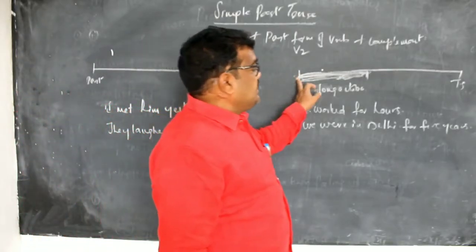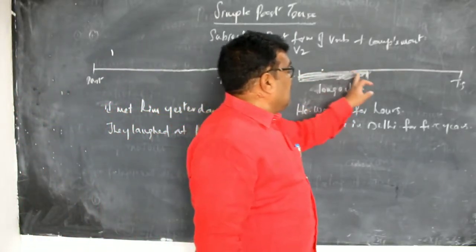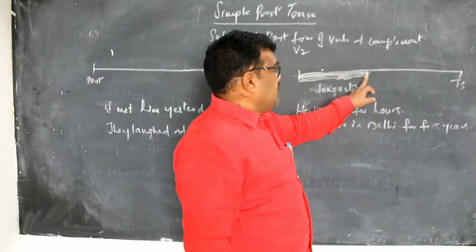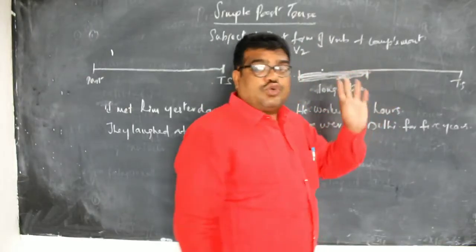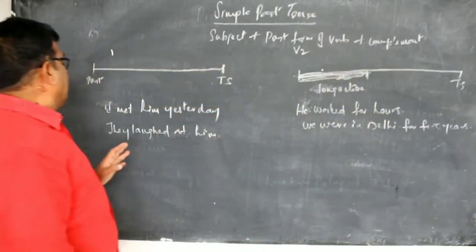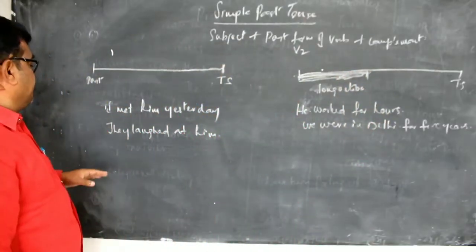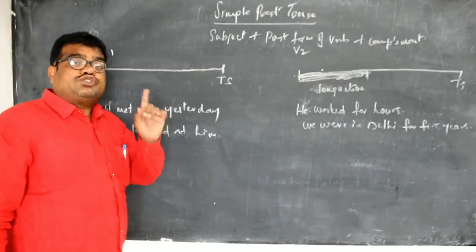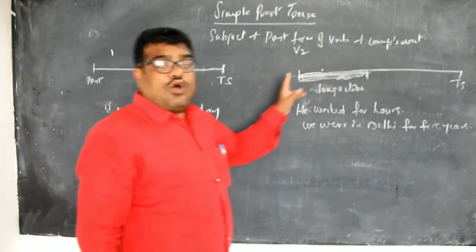Here the action has occurred for a period of time, a duration of time, and I will show you through examples. It can be used for a short action or a long one.